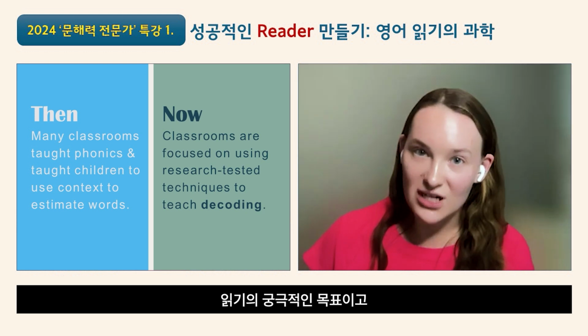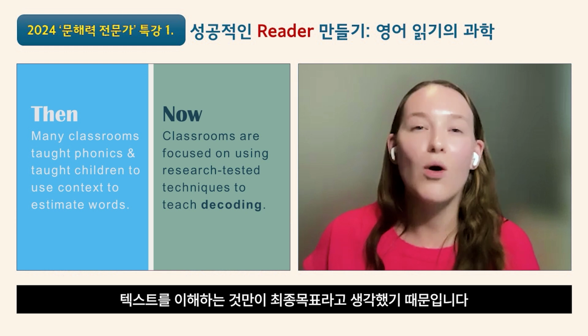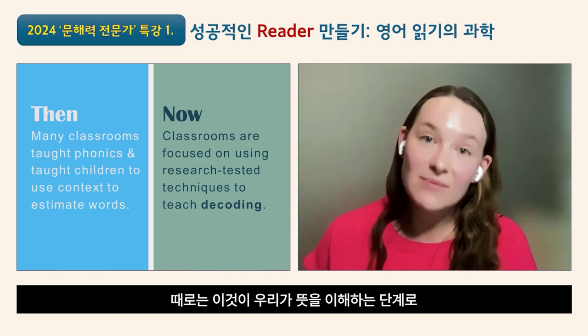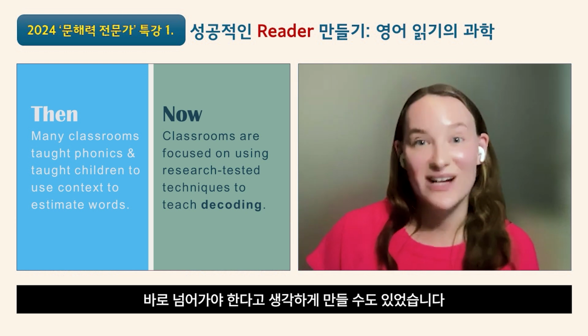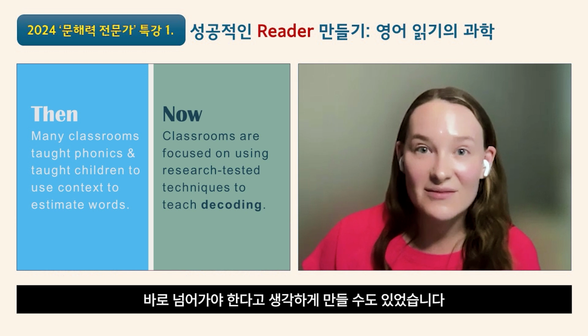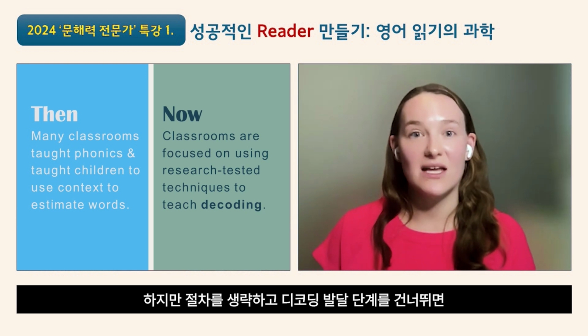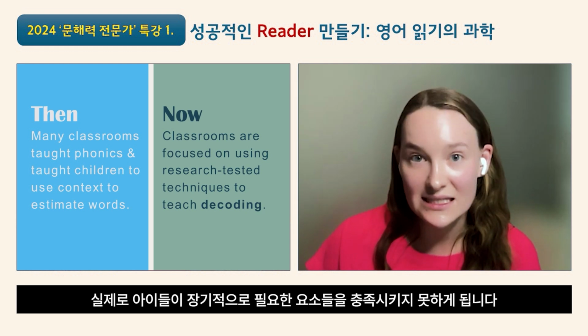Because reading comprehension is the ultimate goal of reading, because our ultimate goal is making sense of a text, sometimes that might make us think that we should jump straight to making meaning. But by cutting corners in decoding development, we are actually not serving children's long-term needs.